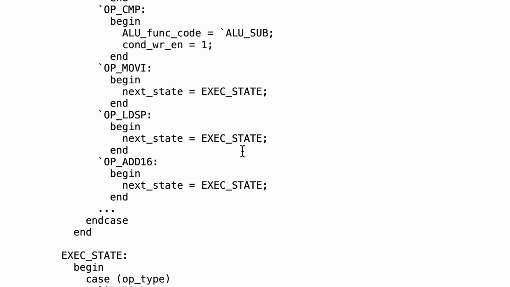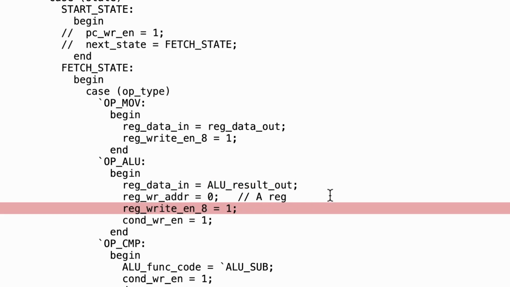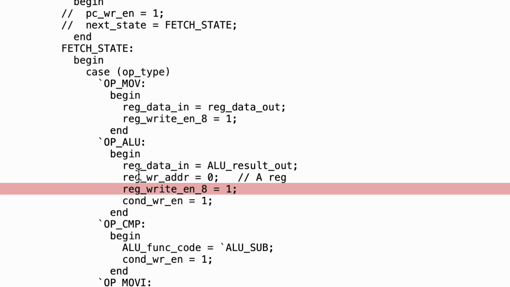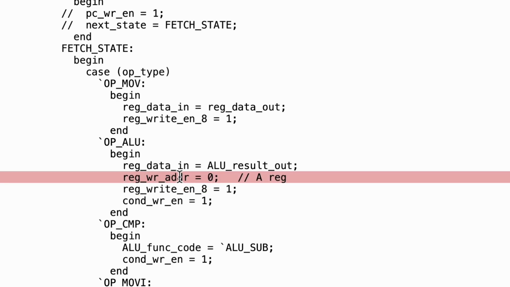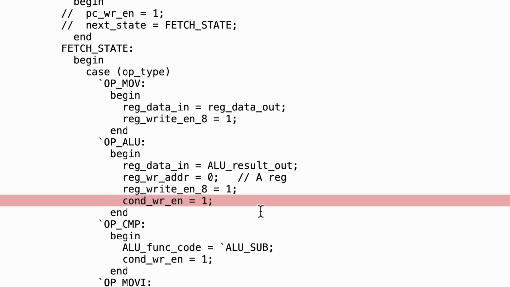We'll go back up to the fetch state for the ALU instruction, and that is right here. We are sending the output from the ALU to the register module, and we are raising the enable line to write into one of the registers, and we are supplying a register number, and the register number of A is 0, so we'll be updating register 0, and we also want to update the condition code registers.